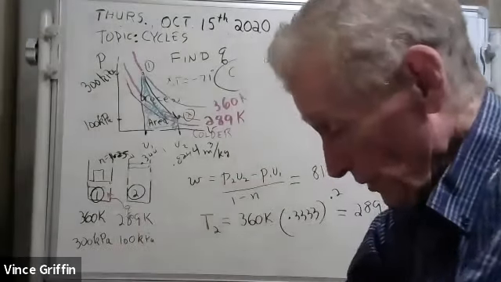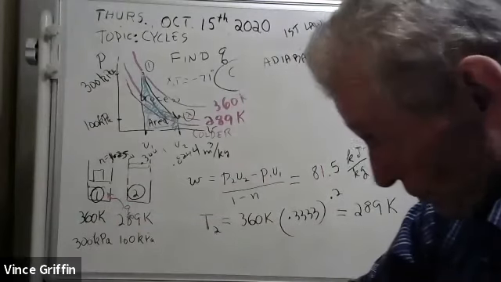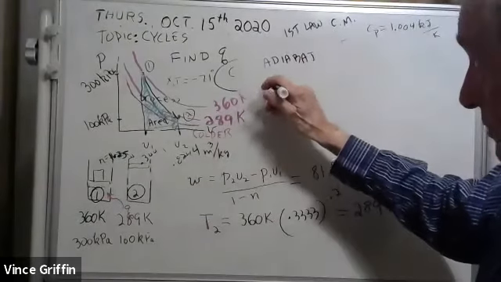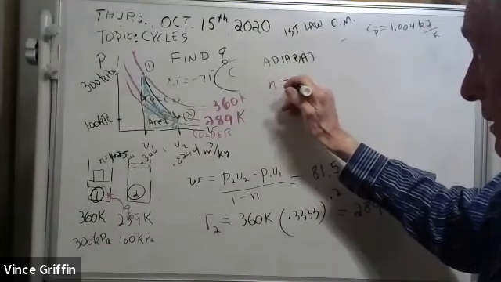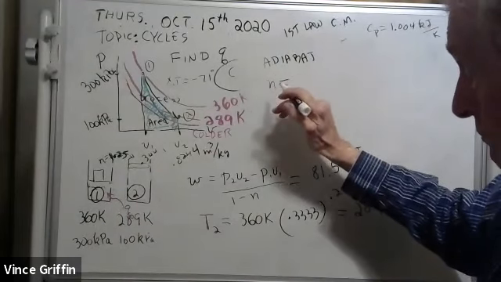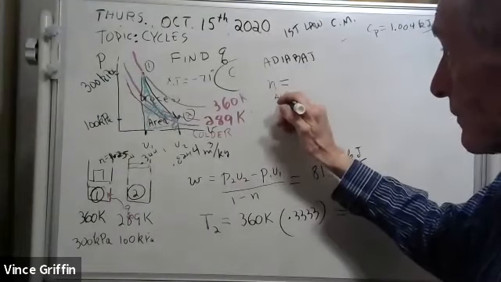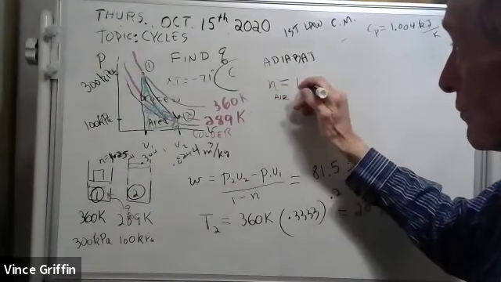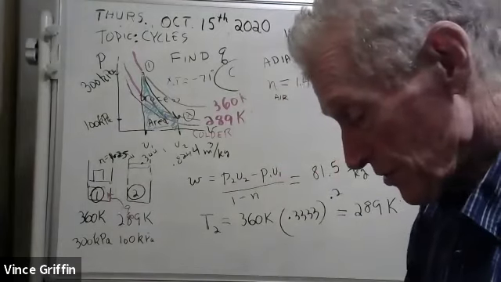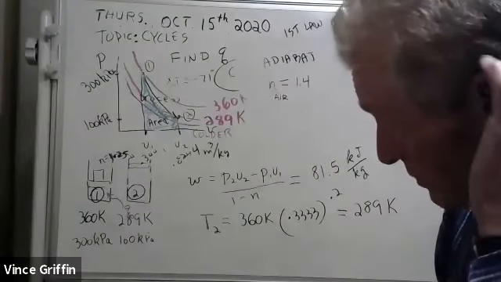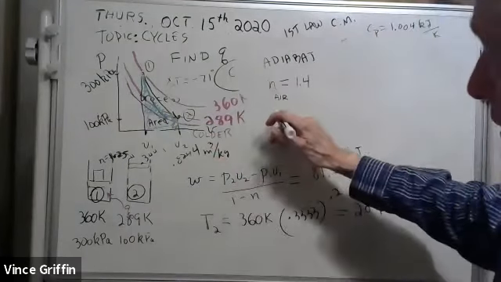We have a heat transfer in. But if you did have an adiabat, it turns out the polytropic constant for air is 1.4. There's tables of these, and let me just show you what that temperature would be.